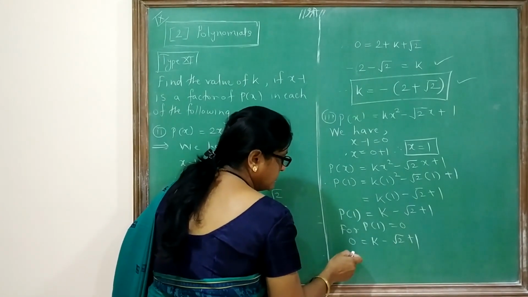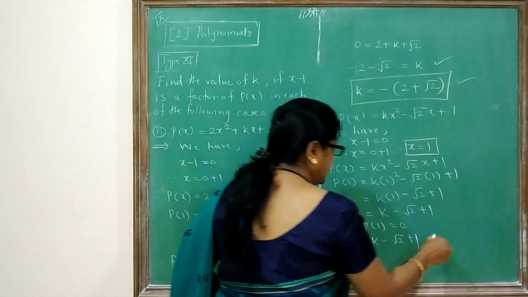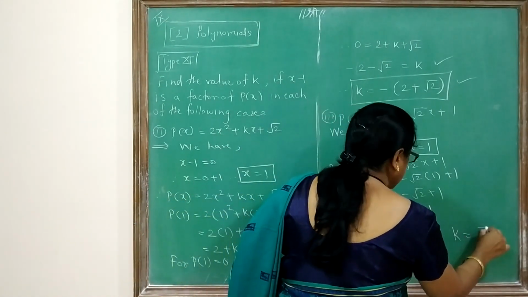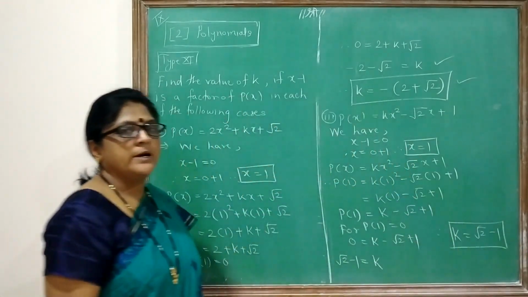This plus 1 will be transferred to that side, that is minus 1. Then what is the value of k? K is root 2 minus 1.